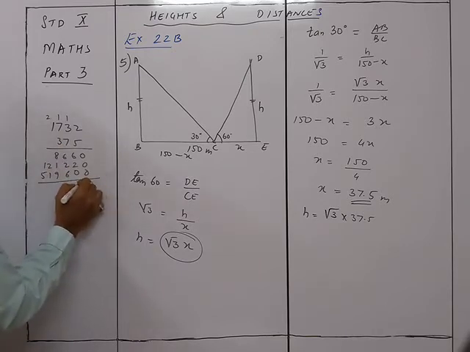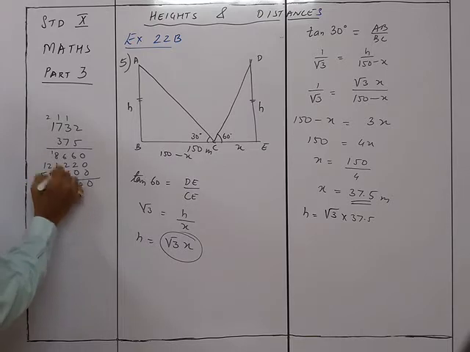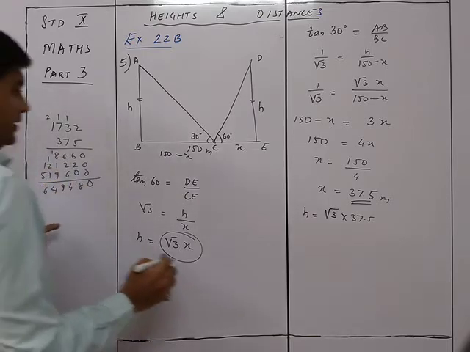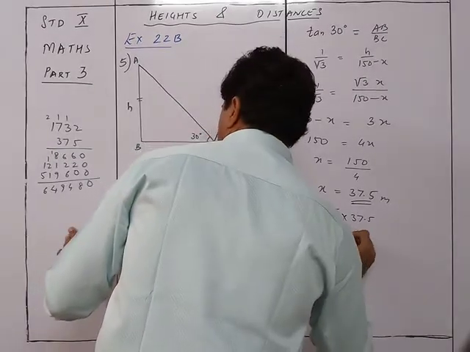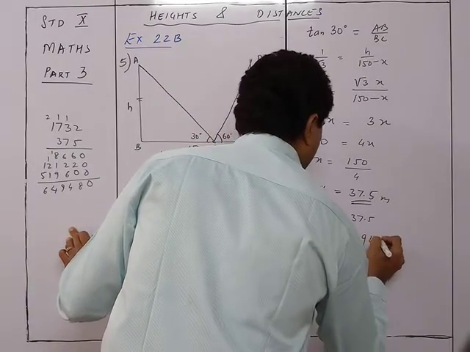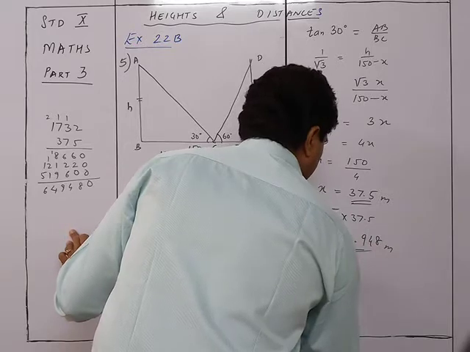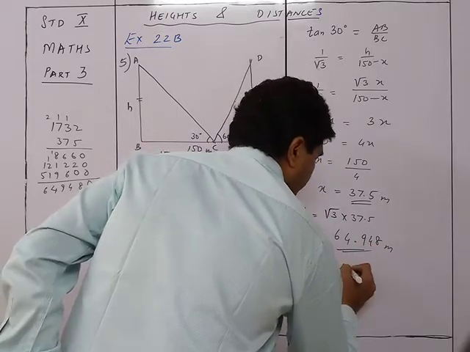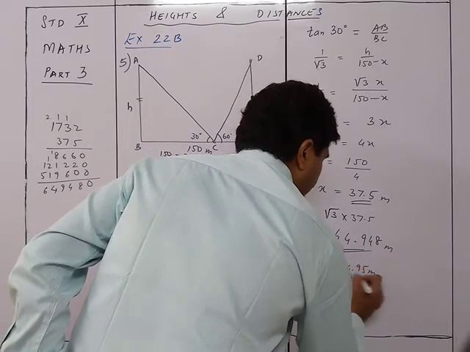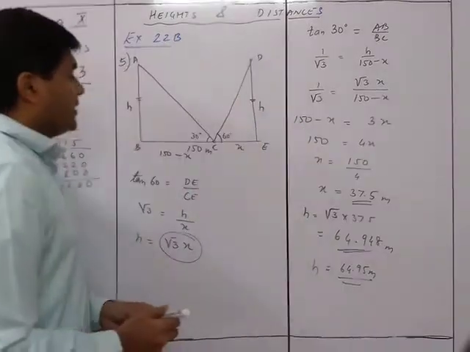So that will give you the answer 64.948 meters, which is 64.95 meters. That will be the height of the tower or pillar.